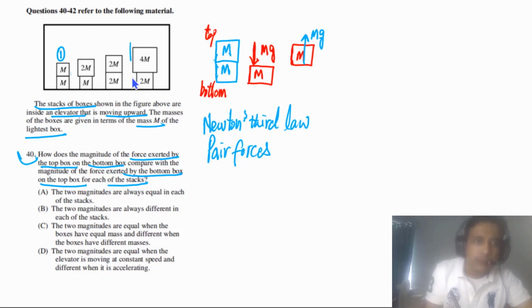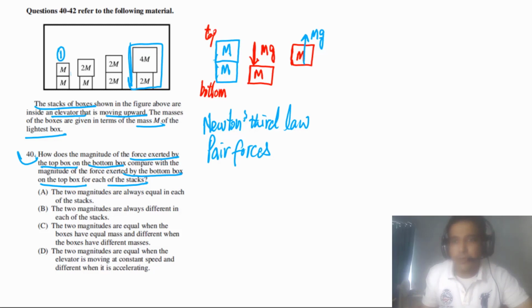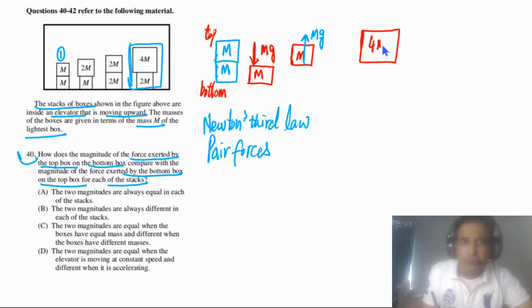Now if you look at this block, maybe this one is a little bit more complicated. For this block we have this arrangement. We have 4m mass on top, and 2m is placed at the bottom. In this case, the bottom box is pushed by the top box with force 4mg.